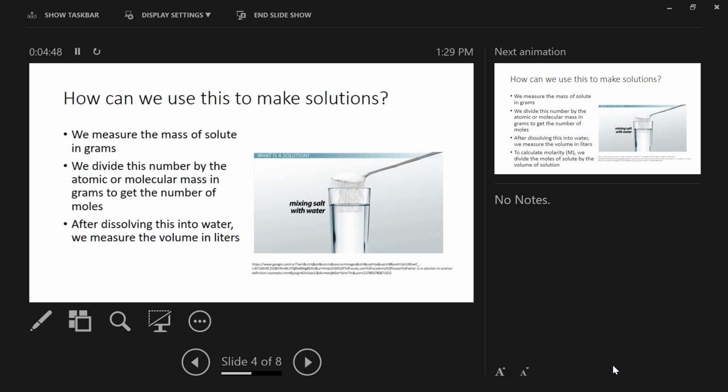Putting salt in water will increase the volume of that solution. True, right? We want to know the total volume of this solution, so we measure the volume after we dissolve the salt in the water. If you're just putting a little bit of salt in, it's not going to make a big difference. But if you're making a 35% salt solution, it's going to make a big difference.